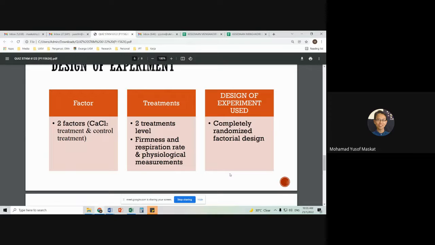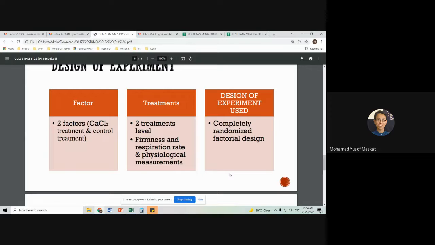So these two designs only cater for one factor designs. But if you have more than one factor, you can use a factorial design. A factorial design, you can do either a completely randomized factorial design or a factorial design using blocks.